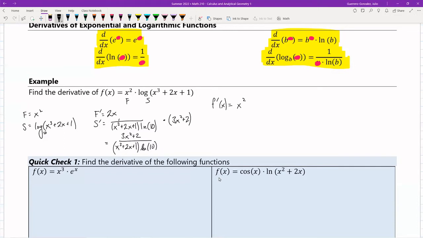So it's going to be x squared times this mess right here, 3x squared plus 2 over x cubed plus 2x plus 1 times ln of 10, plus the derivative of the first times the second. So 2x times the second, log of x cubed plus 2x plus 1. And we are done. This is our derivative.